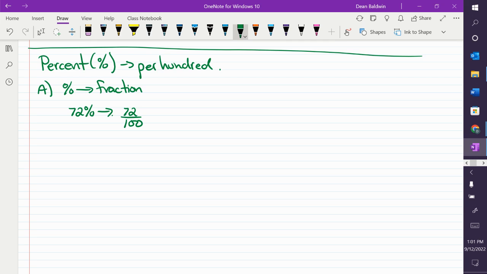Now you have a fraction. What do you always have to do with your fractions? Put them in lowest terms. What goes into 72 and 100? 2. What's 72 divided by 2? 36.